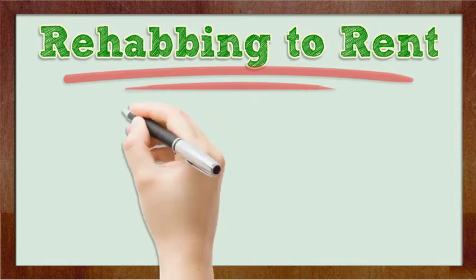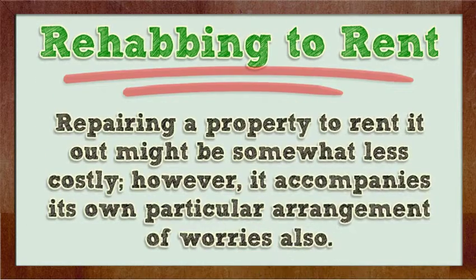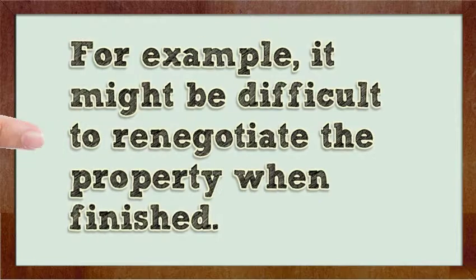RABing to rent. Repairing a property to rent it out might be somewhat less expensive. However, it comes with its own set of worries as well. For example, it might be difficult to refinance the property when finished.